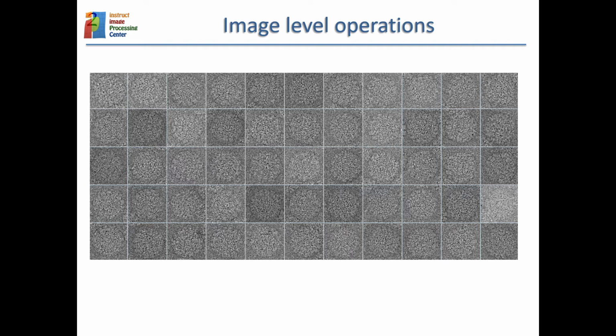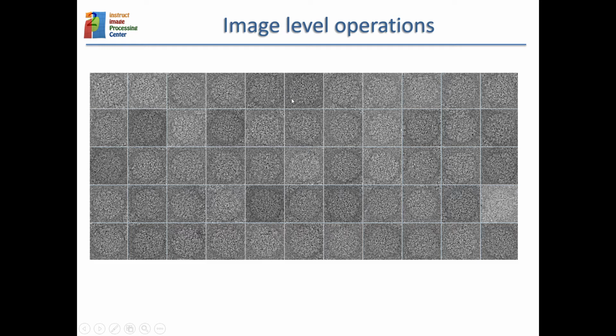So let's say that we have molecules that look like this, and we see kind of a ball in the middle. This is a virus, an icosahedral virus, but we cannot see the details in any one of these individual images.